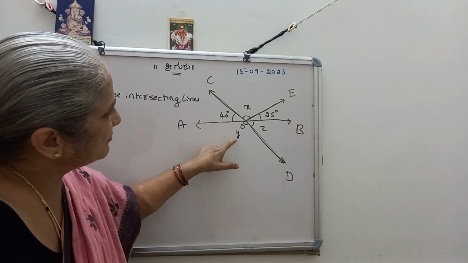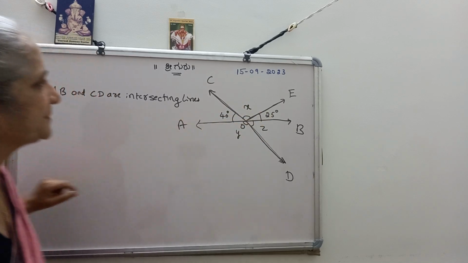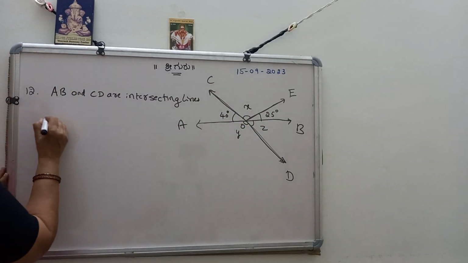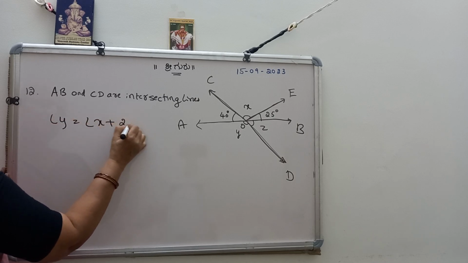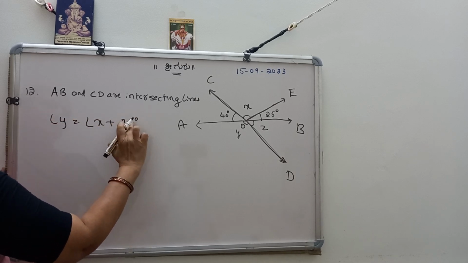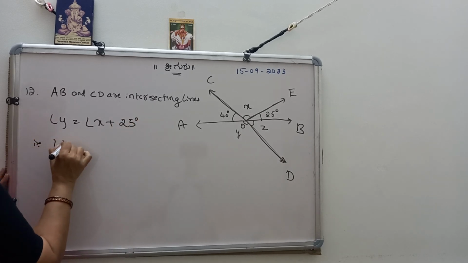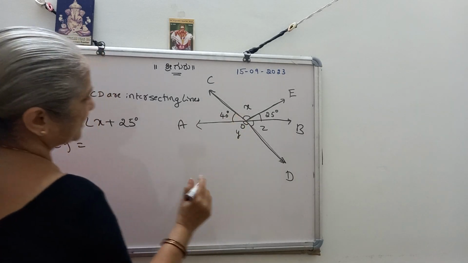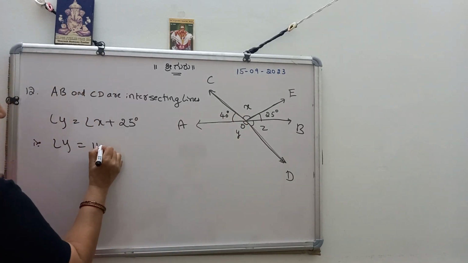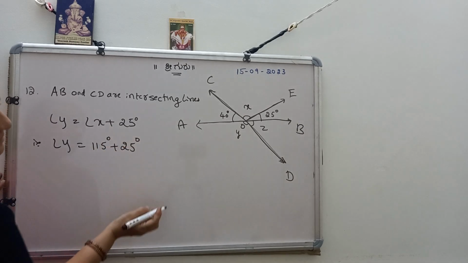Another pair is Y is equal to X plus 25. Angle Y is equal to angle X, which we found as 115, plus 25 degrees.